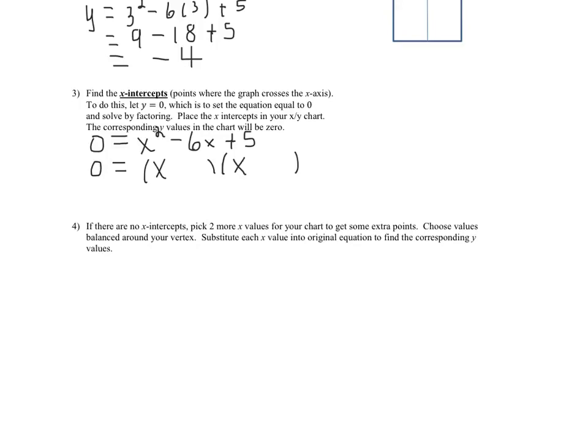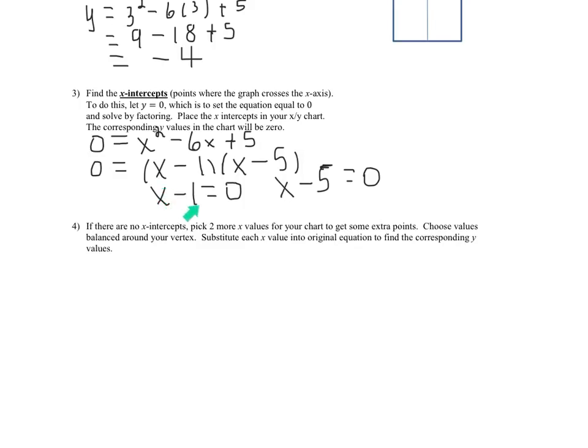So we have a trinomial. We will factor it to two parentheses because we have just x and x at the beginning, and we will need 5 and 1 on the ends, negative and negative to get the negative 6. So negative 1, negative 5. And then we have to set these each equal to 0 and solve.